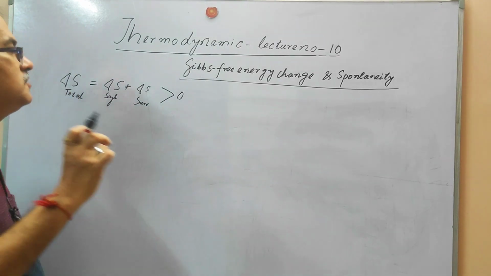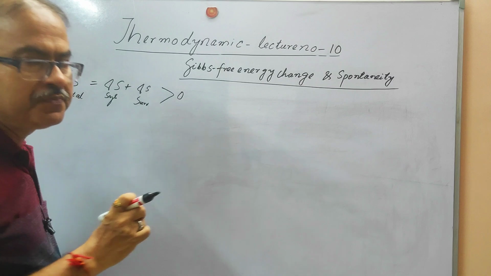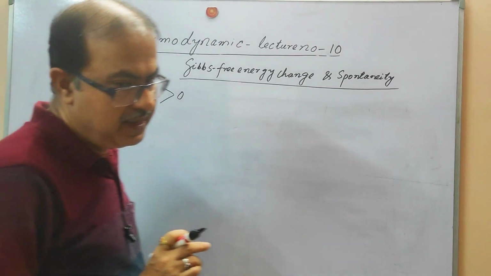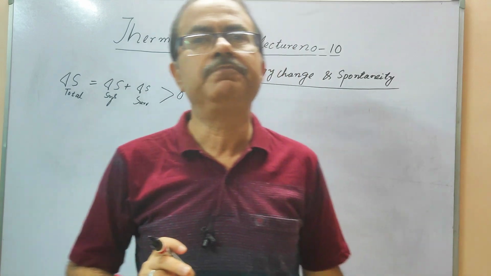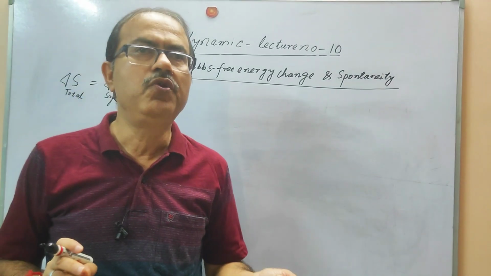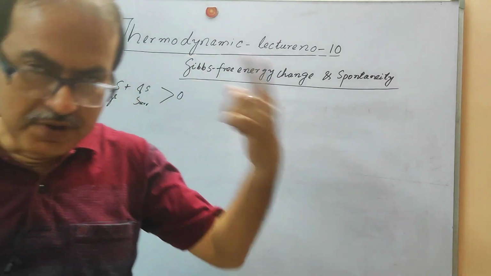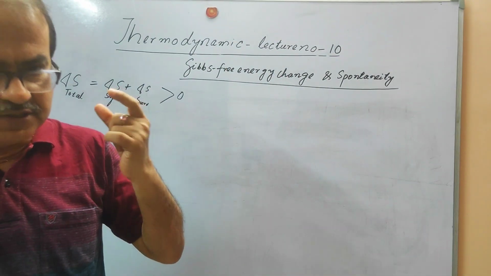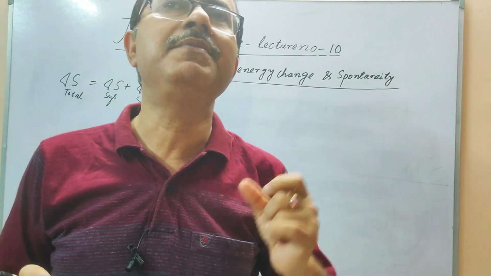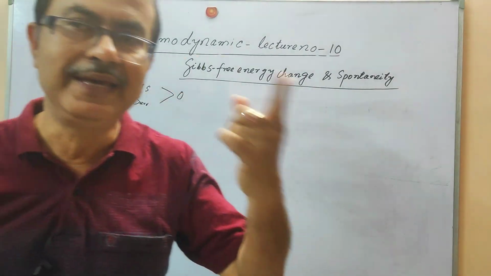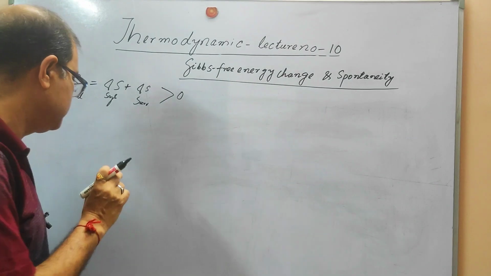Suppose the system is in chemical equilibrium with the surroundings. At that time, what is going to happen? The change in the enthalpy of the system also influences the surroundings. If the system enthalpy is reduced, the same enthalpy will be gained by the surroundings.